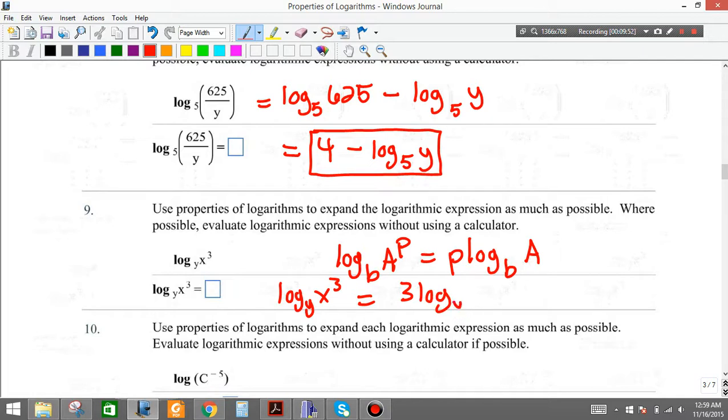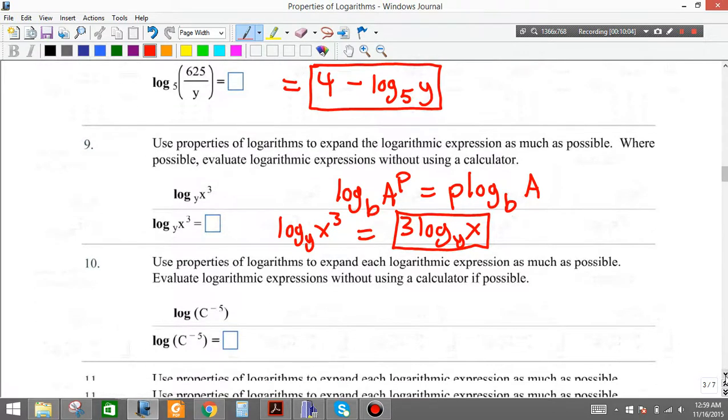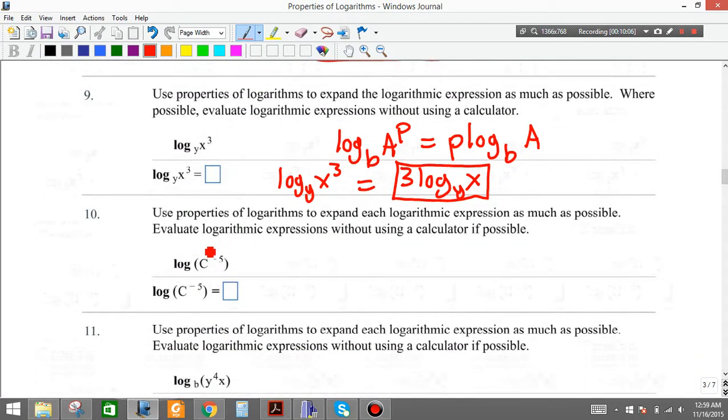Log base y of x. Put that in exactly as is written there. All powers come to the front. Similarly, here, the exponent is negative 5. This is equal to minus 5, the log of c. All powers come to the front.